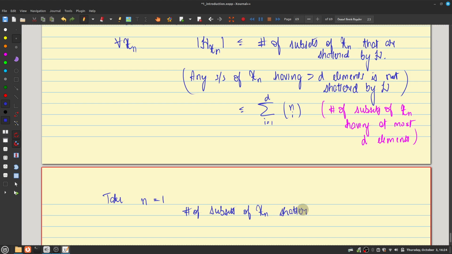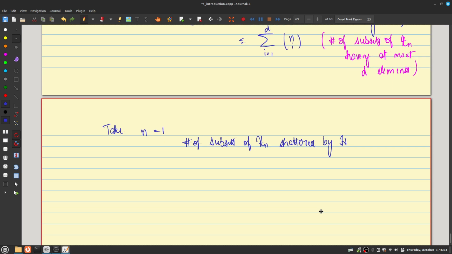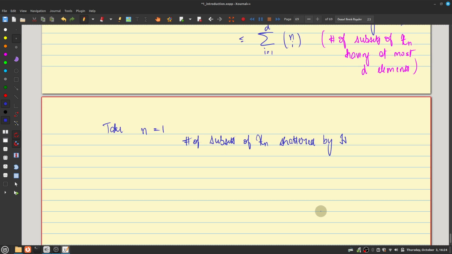The null set is shattered by h, we'll assume. So how many subsets are there for a singleton? 2. One is the null set. The other is the set itself.